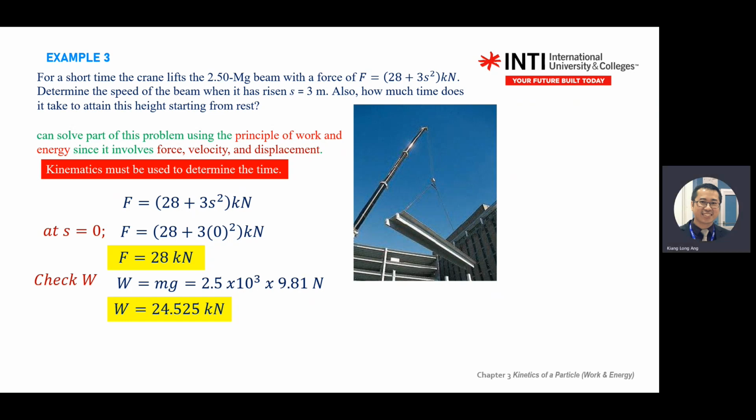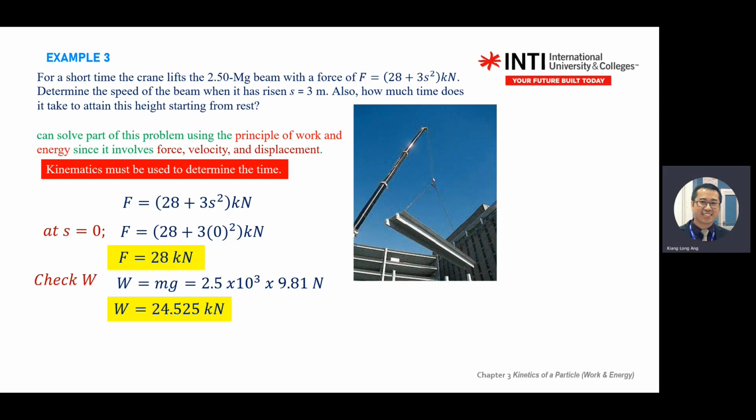What does it tell you? The force pulling up is 28 and the weight pulling down is 24.5. What does it tell you about the motion? There is an excess of force.